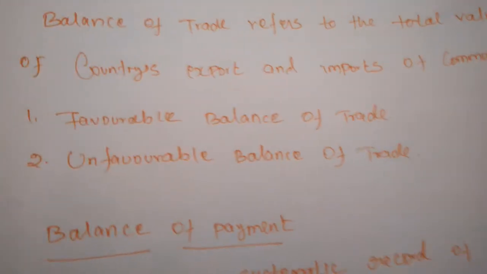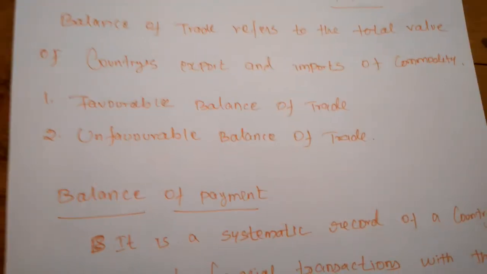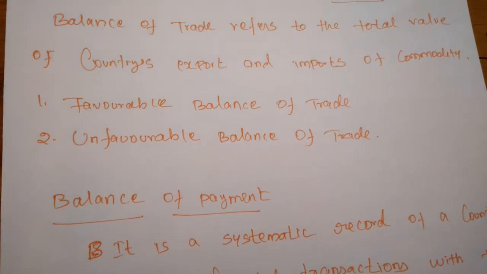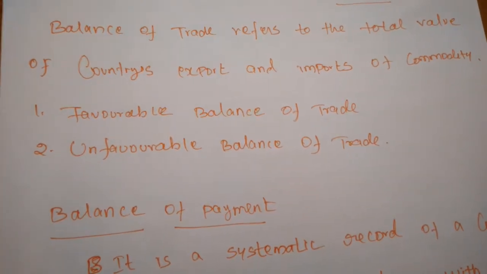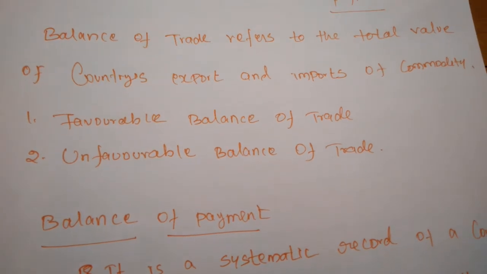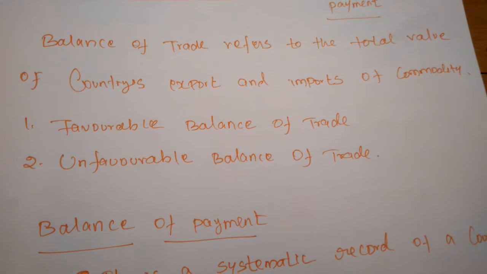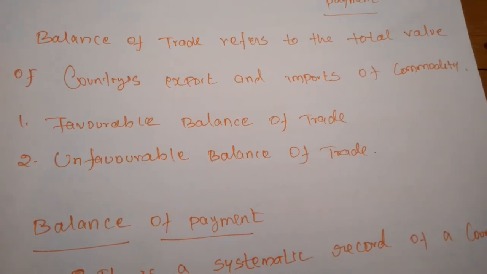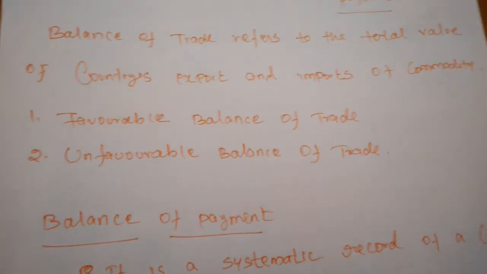Suppose the export of a commodity for one nation is higher than the import, it is called a favorable balance of trade. Simply, if you want to understand, the export must be higher than the import for the commodity in one nation.